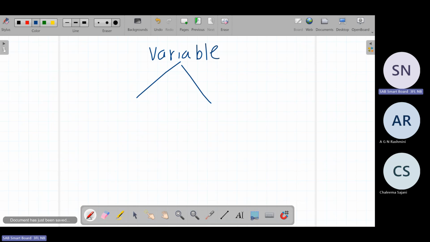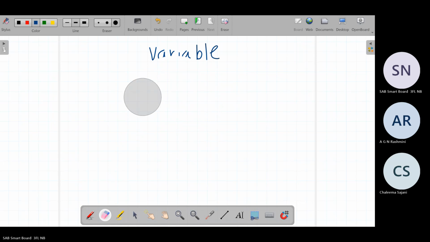Tell me, what are the main types of variables? In Chapter 2 you studied mainly two types of variables, quantitative and qualitative. Here we take only the quantitative variables.